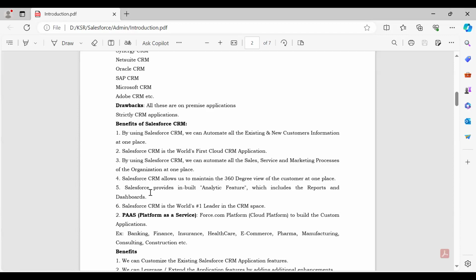Maybe they are using Salesforce CRM application, that is Sales Cloud, to automate the sales related processes, because every day they'll be selling hundreds or thousands of mobiles, because they have so many branches throughout the country.